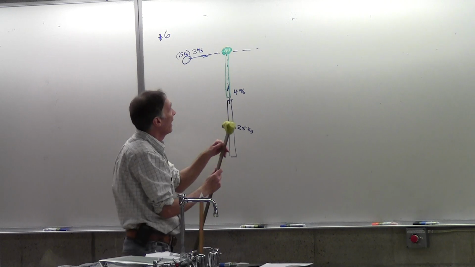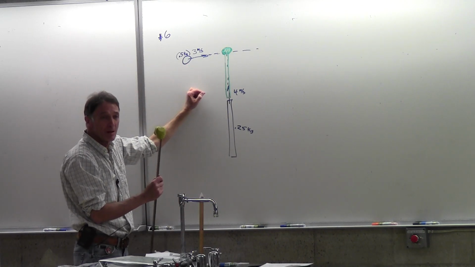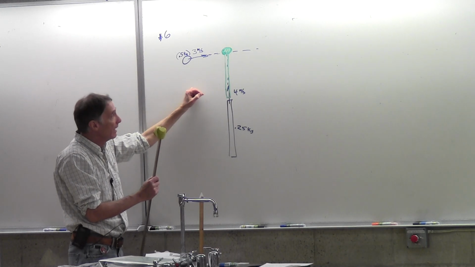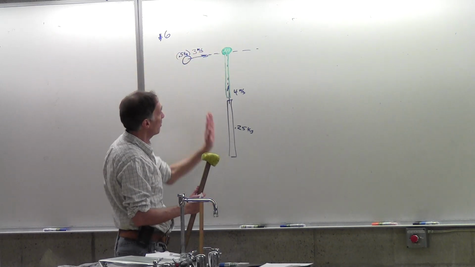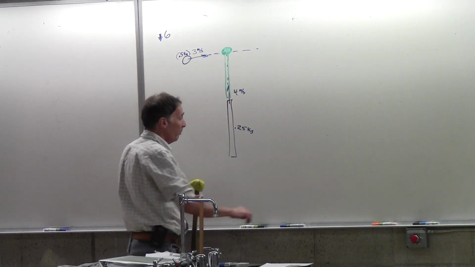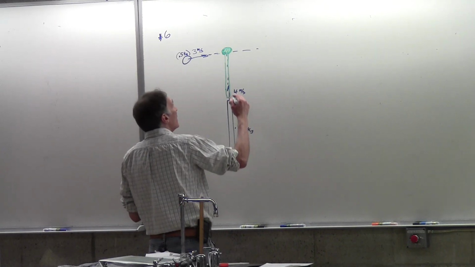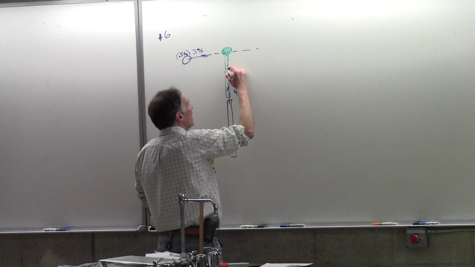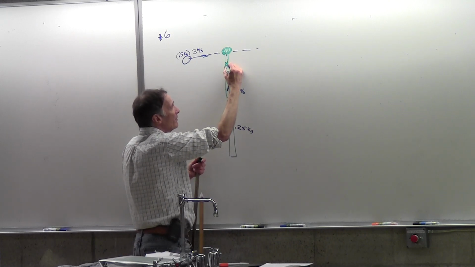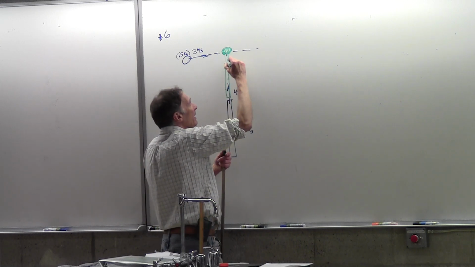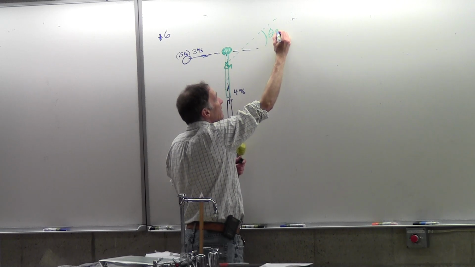In addition to that, how about conservation of momentum, just linear momentum? These two are coming in, so there's a momentum this way, a momentum that way. The final momentum I expect to go off at an angle, and I'm going to allude to this center of mass of the system moving off at some angle that we want to find.